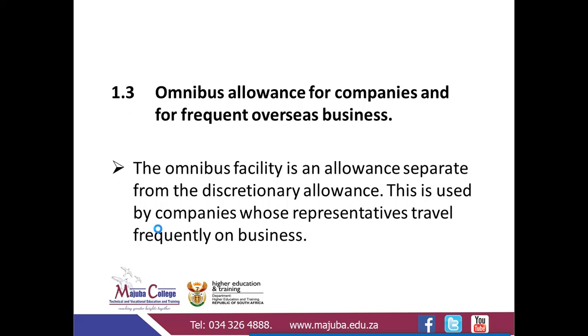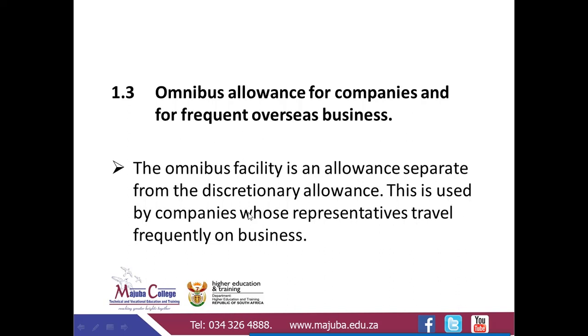Okay, then we look at the Omnibus allowance, on page 5 of your textbook: Omnibus allowance for companies and for frequent overseas business travelers. So the omnibus facility is an allowance separate from the discretionary allowance.